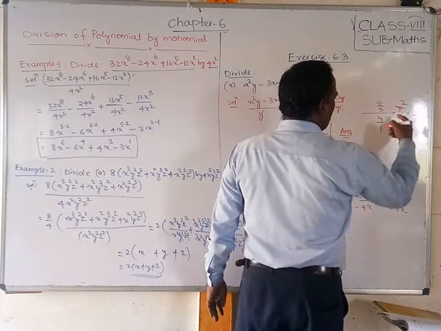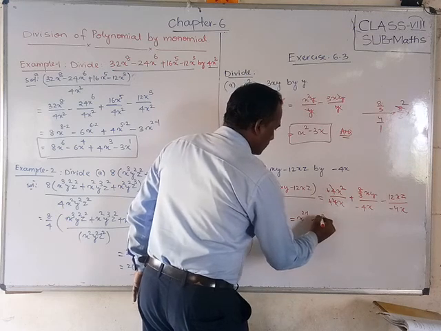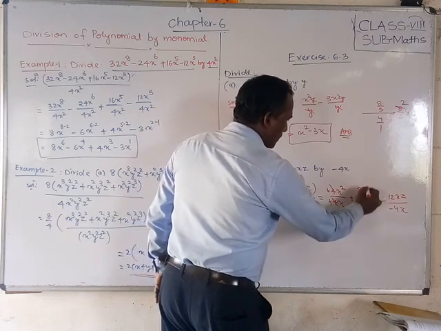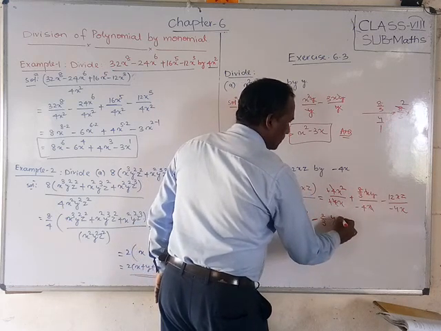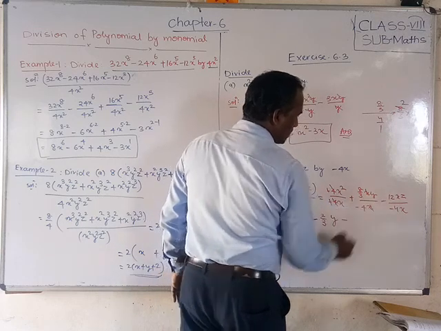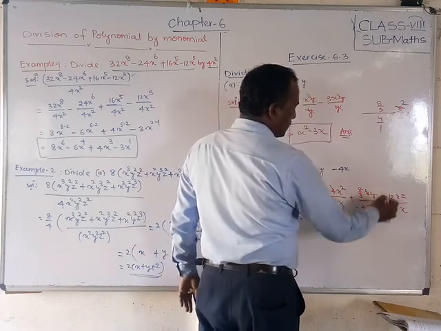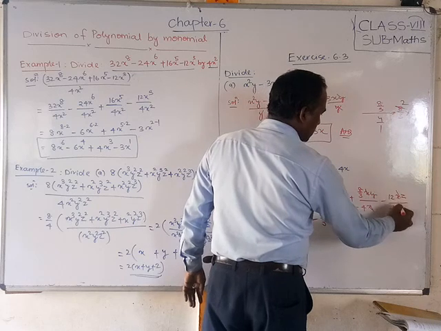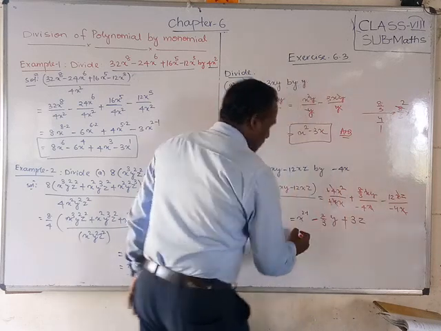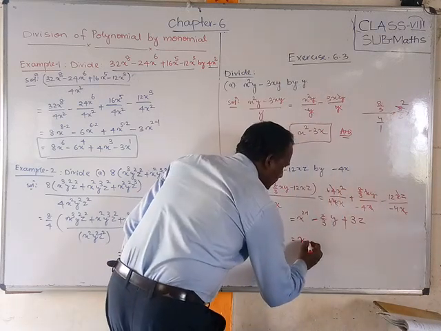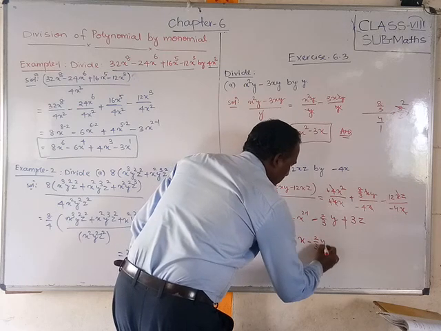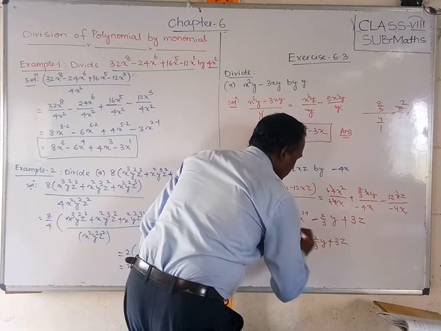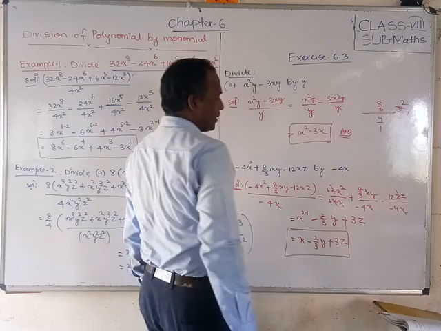If we cut like this, 2 by 3 will come. x cancels x, y remains, so minus 2 by 3 y. Plus 4 threes are 12, x cancels x, z remains. So if you write it nicely: minus x minus 2 by 3 y plus 3z. This is the required answer.